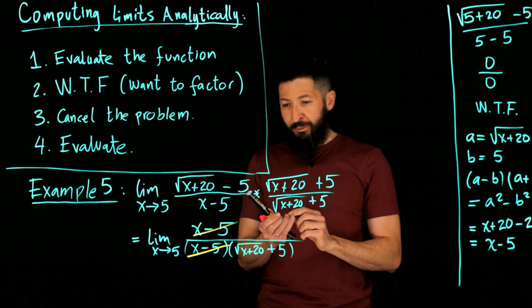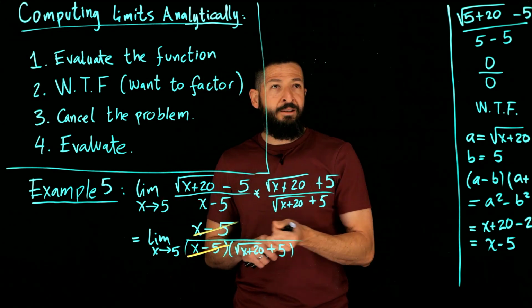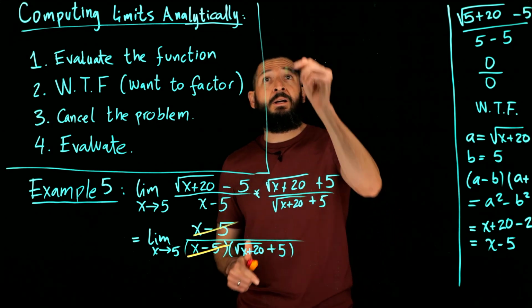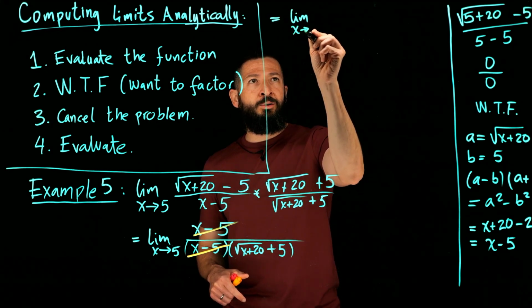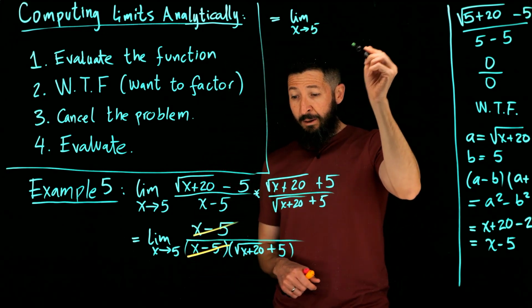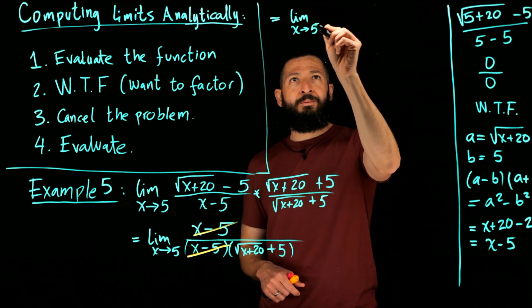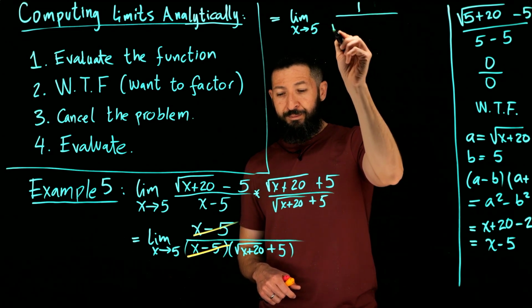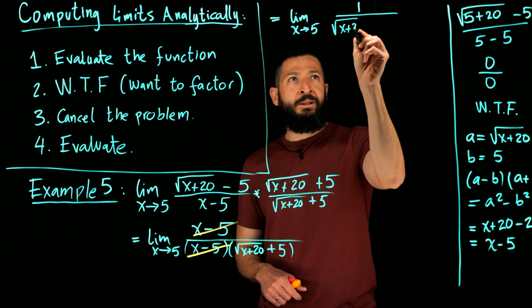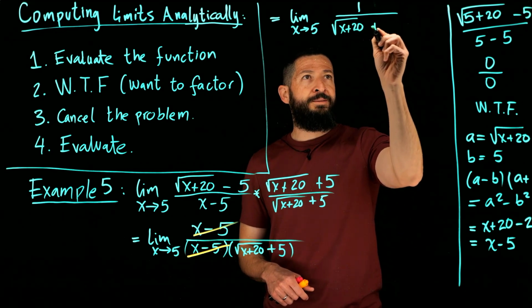And I get that this limit, I can compute it now because I won't have any problems there in the denominator. It's going to be the limit as x goes to 5 of, and I'm going to have a 1 for the numerator, over the square root of x plus 20, plus 5.